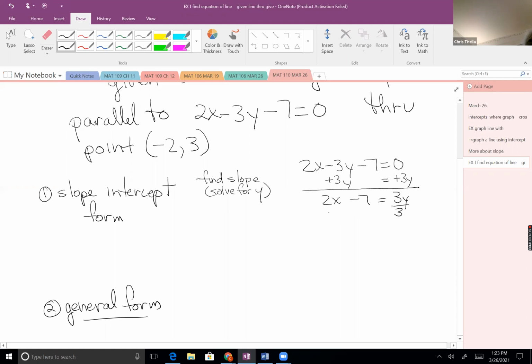And then to get y all alone, I'll divide out the 3. And so that'll give me y equals 2/3 x minus 7/3. And so my slope equals 2/3.